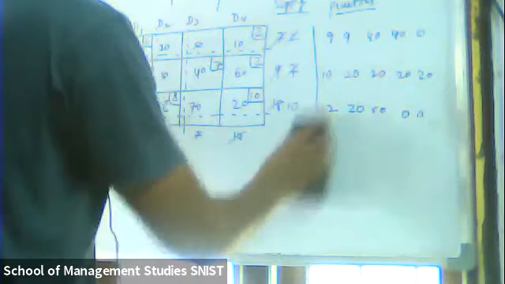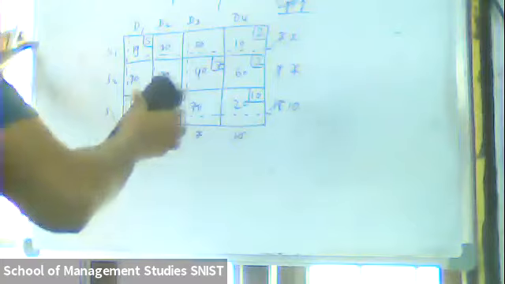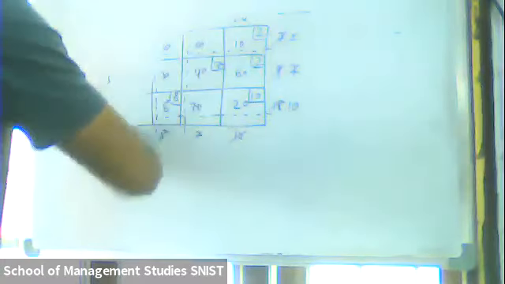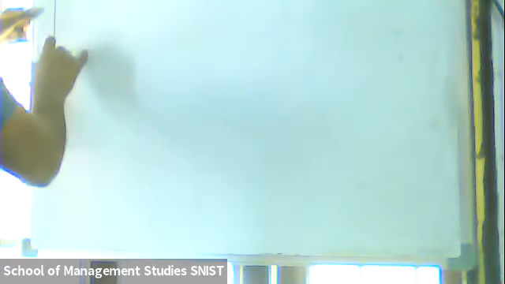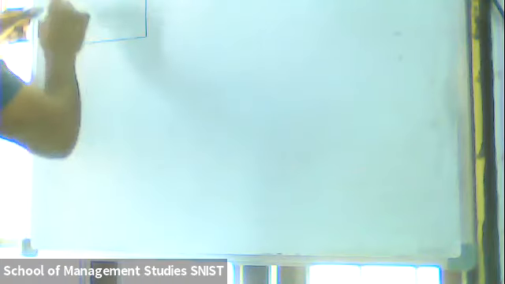Okay, it's 3 rows and 4 columns, so I'm drawing 3 rows and 4 columns here.